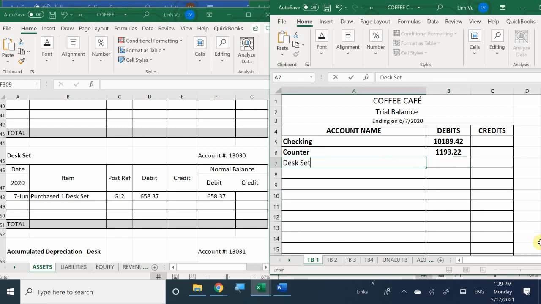Now, what I want you guys to do here is typically on your trial balance, you can do shortcuts as long as you know what it is. So if you want to just write desk, you can write desk, okay? Because in this case, we're not identifying each account by their account number. So when we look at the sales, you could shorten it up.